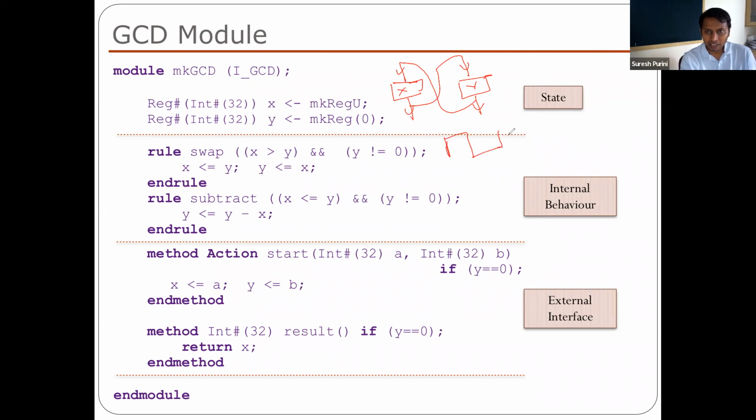If you are designing a positive edge triggered flip-flop, then at the rising clock edge, the contents of register X will be latched into Y, and the contents of Y will be latched into X simultaneously. So this happens in parallel. These two statements will execute in parallel. So remember that.